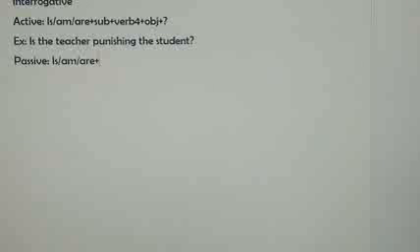After that, we need to use the proper object. Then, being. After that, the third form of verb will be applied over here. Then, we will use by, and we will find and place the proper doer along with the interrogative sign.